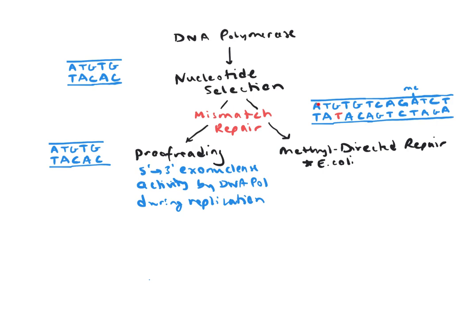So this would be the template strand that has the A methylated in this GATC sequence at a previous round, after a previous round of replication. Now, the new strand that was replicated, there hasn't been enough time for this adenine to be methylated. So this mark is telling the repair machinery which is the original sequence and which is the mutant.